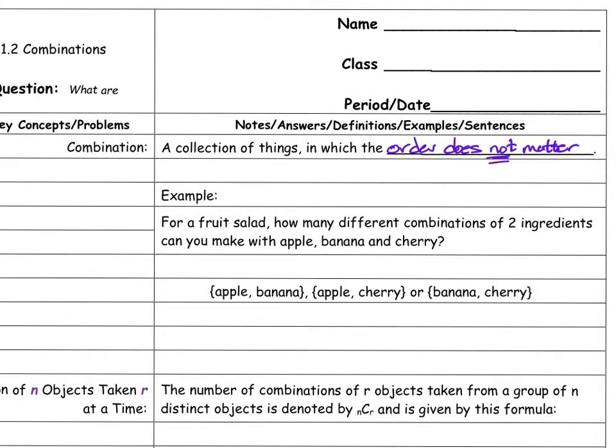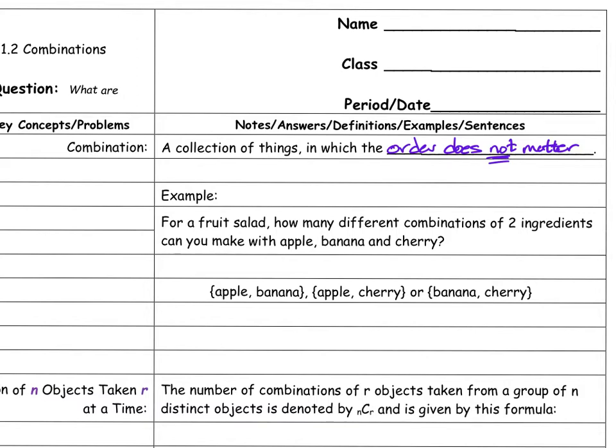If we're running for president, vice president, secretary, if we're picking team captains, if we're picking first, second, third place, anything where order happens to matter, that's a permutation. A combination is like if we're just picking people for a team and it doesn't matter.